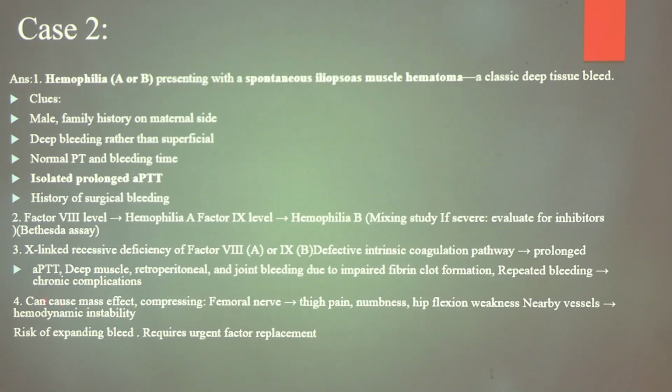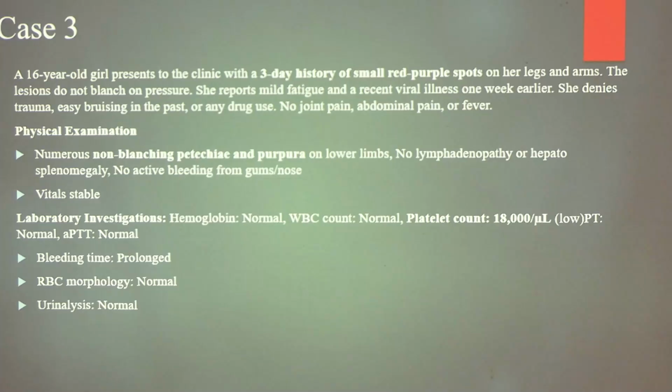Then this part is not so important for you. So case number 3. Can you read this one out? A 16-year-old girl presents to the clinic with small red spots on her legs and arms. The lesions do not blanch. She reports mild fatigue and a viral illness 1 week earlier.